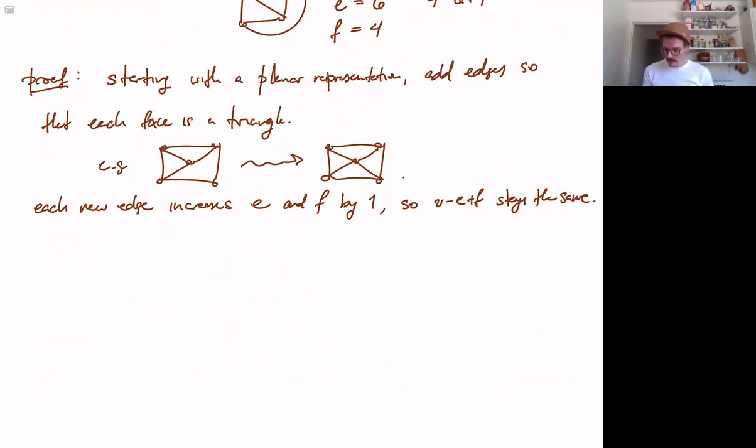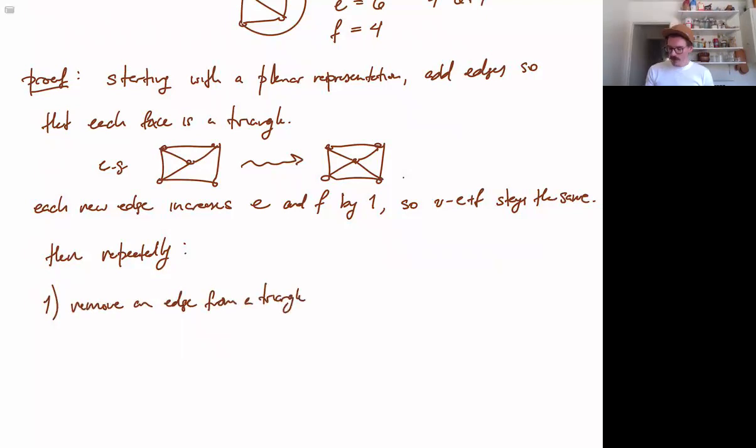Then we repeatedly apply either of the following 2 steps. The first possibility is to remove an edge from a triangle if the triangle has a single edge on the boundary.